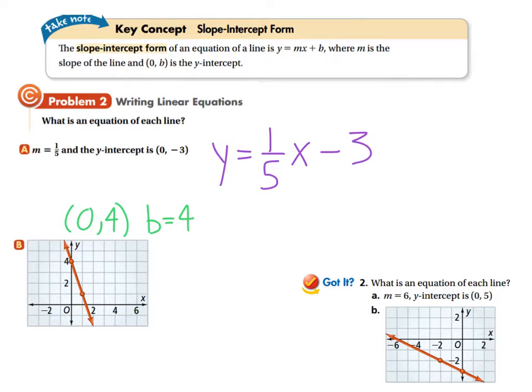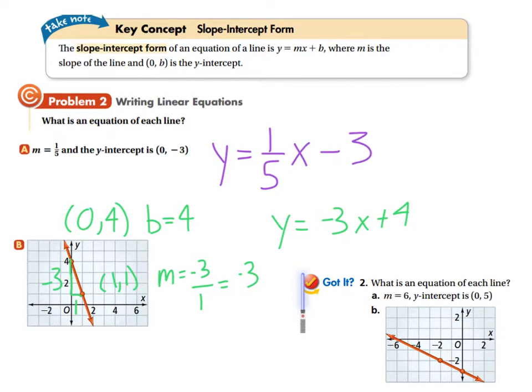The other point is down at (1, 1), and I can look at the slope since it's already drawn out, and I can see I go down 3, right 1, so the slope would be -3 over 1, or just -3. And so the equation ends up being y equals -3x plus 4. And if you look here, again, a couple of examples that you can give a try to see if you can make sense of those and get those correct.